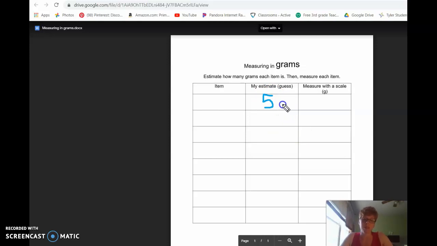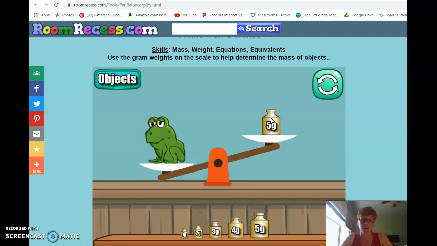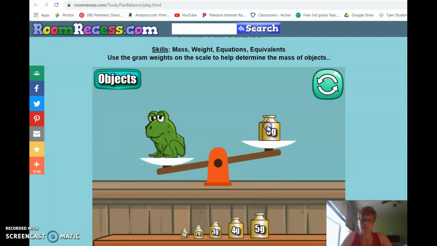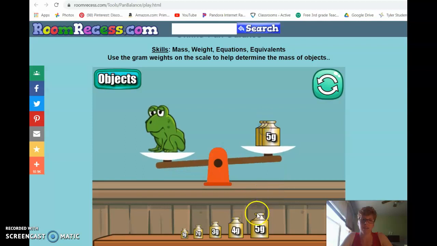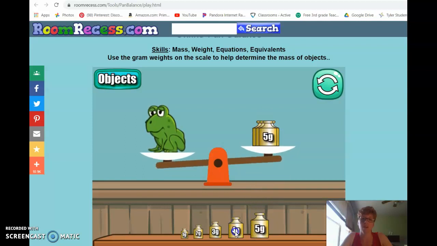Now what do you think my next step is? I'm going to actually measure that frog on the scale. Let's go back to my scale. This is where, oh my gosh, I was incorrect. That frog is a lot heavier. Wow. Uh-oh, I went over. This is where it gets a little tricky.